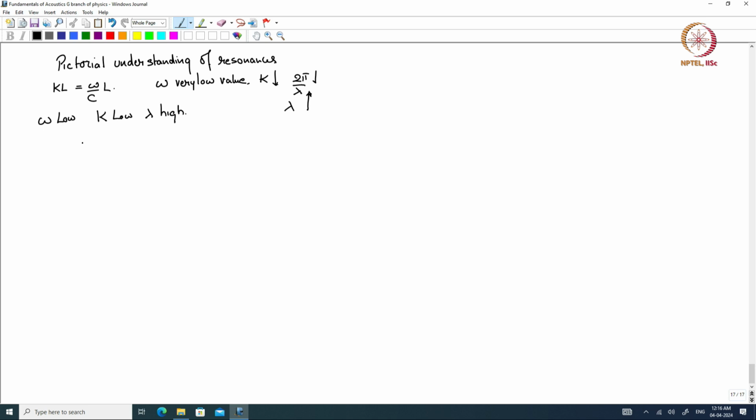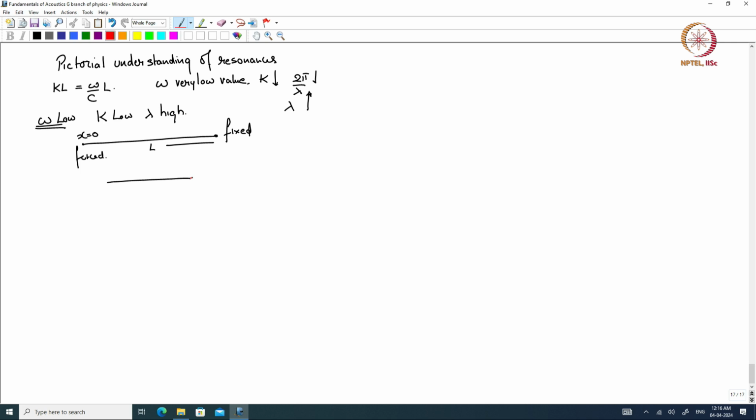Okay. And I have my string over here, string of a certain length, fixed at this end, forced at this end. Okay. So I start off low k and high lambda, so the lambda will be large, so let us reposition. So this is my finite string, let us say, okay, and lambda is large.